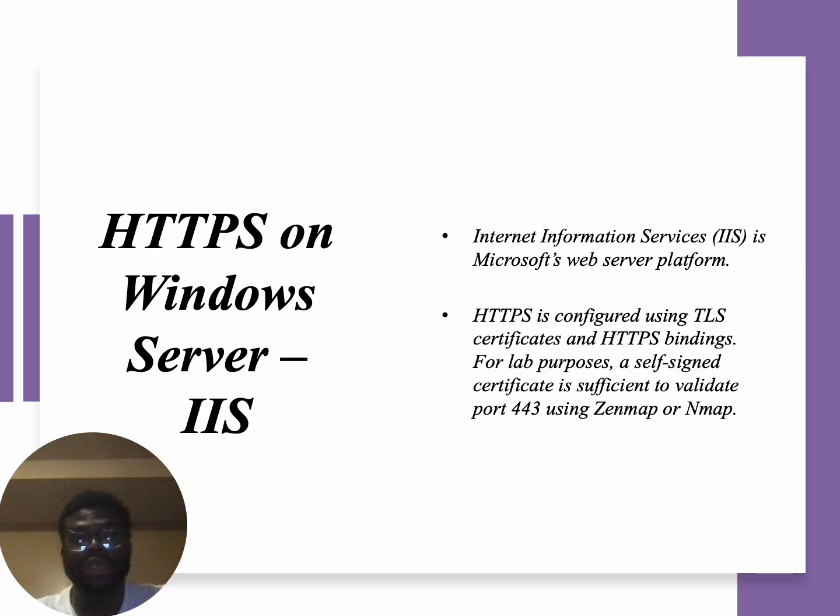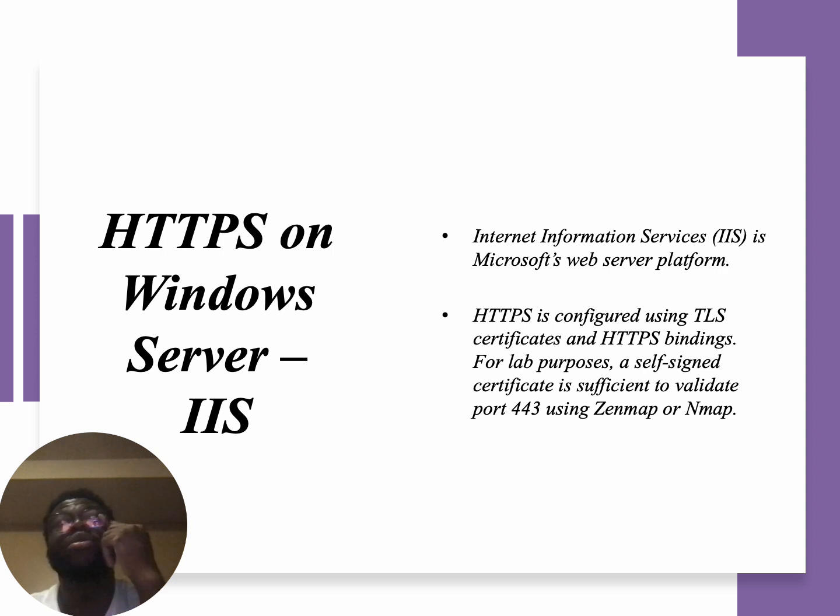HTTPS on Windows Server IIS. Internet Information Services, which is IIS, is Microsoft's web server platform. HTTPS is configured using TLS certificates and HTTPS bindings. For lab purposes, a self-signed certificate is sufficient to validate port 443 using Nmap.